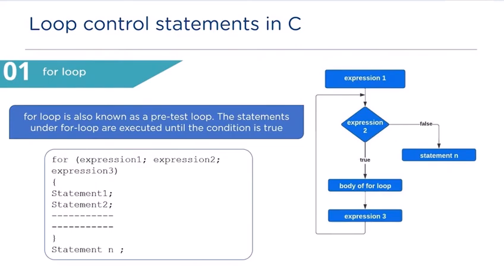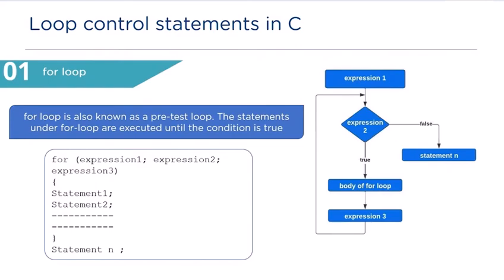Given expression 1, statement 1, statement 2, and so on, and the flowchart is given as expression 1 gives expression 2, which gives a true value, then the body of the loop and expression 3, and it continues. If it's a false value, statement n runs and the loop stops.